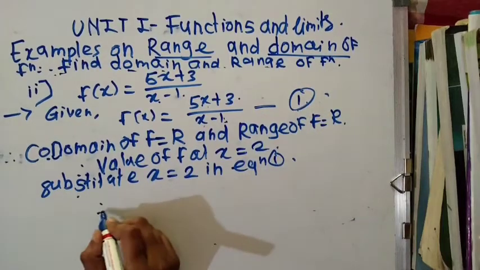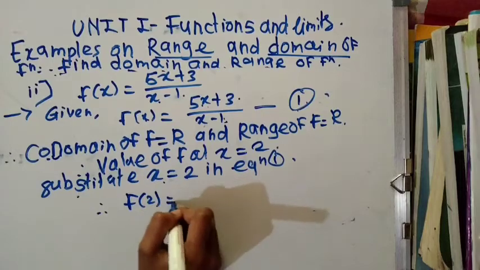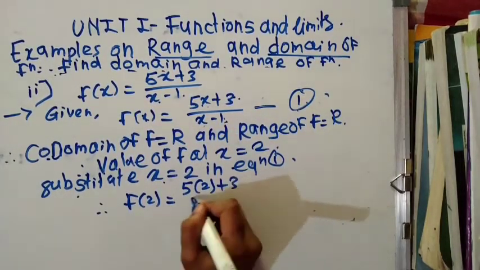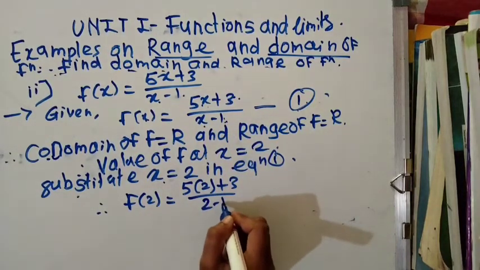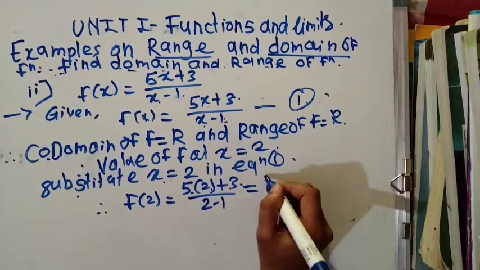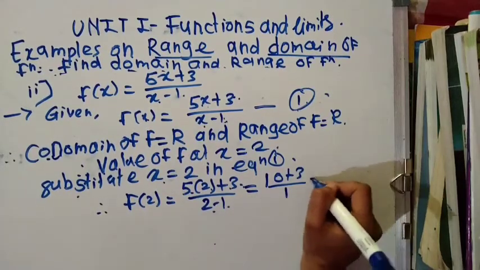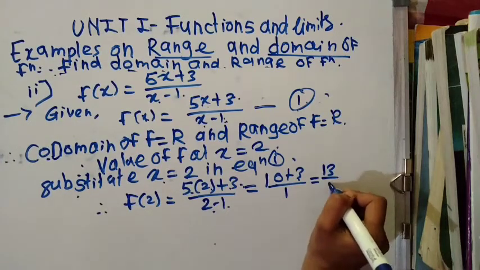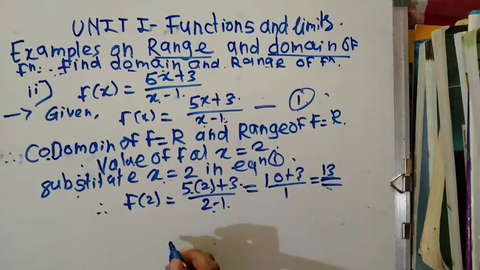So f of 2 is equal to 5 into 2 plus 3 upon 2 minus 1, is equal to 10 plus 3 upon 2 minus 1, 1. So 10 plus 3 is equal to 13 upon 1 is equal to 13.